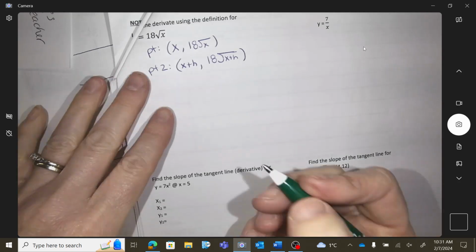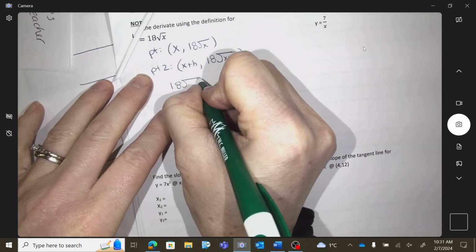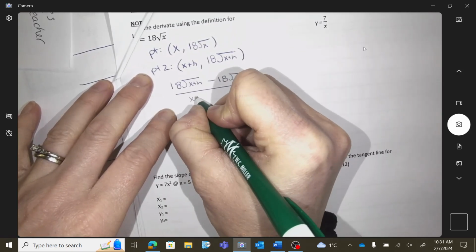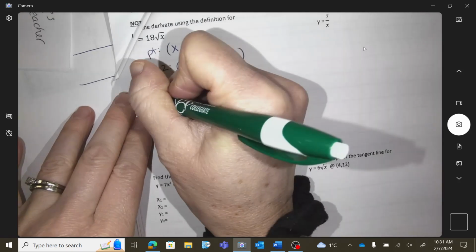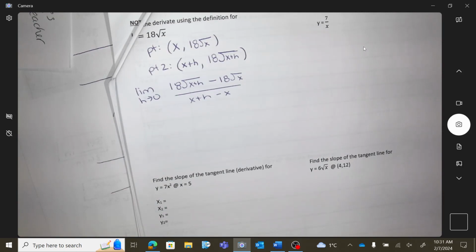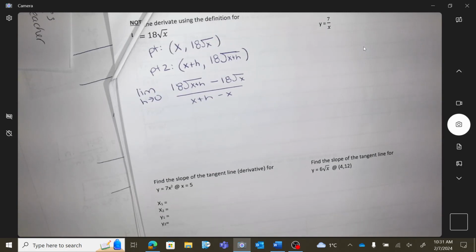Okay, so now we're going to do the slope. y2 minus y1 over x2 minus x1. What does the limit reach as the space between the points gets to nothing? Okay, so we knew the algebra with polynomials is just to expand.